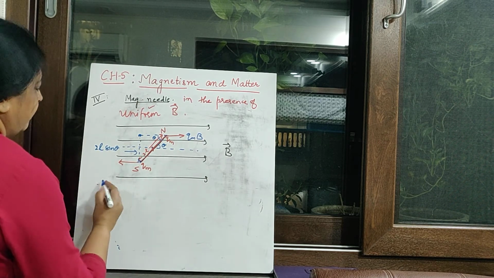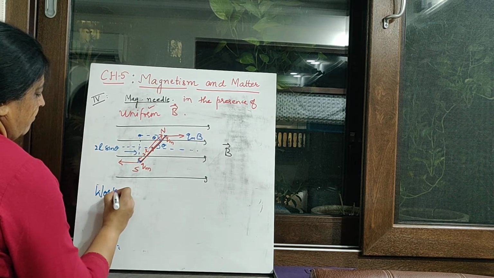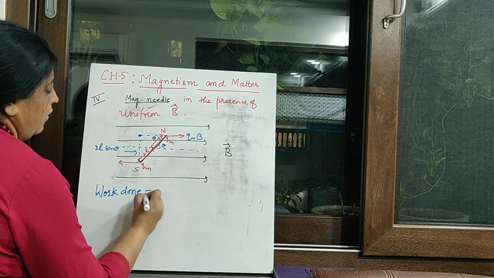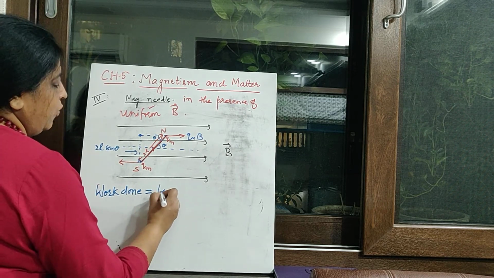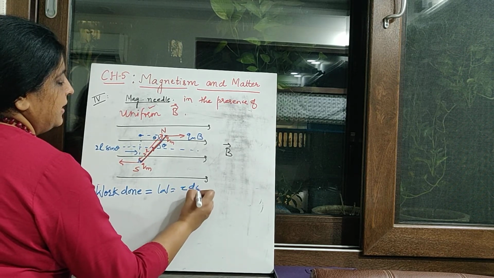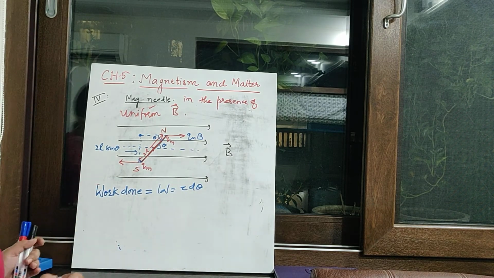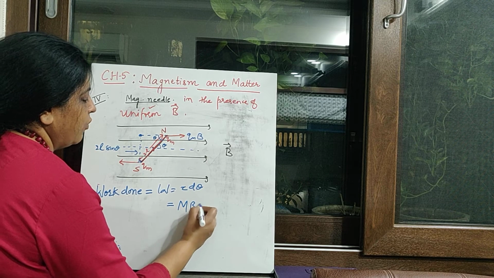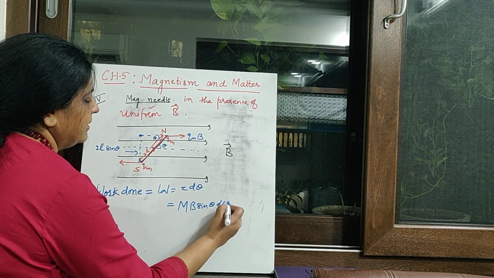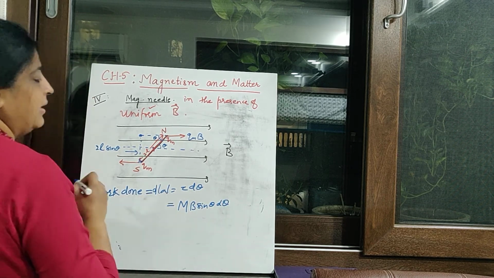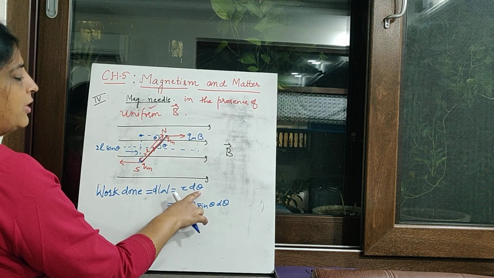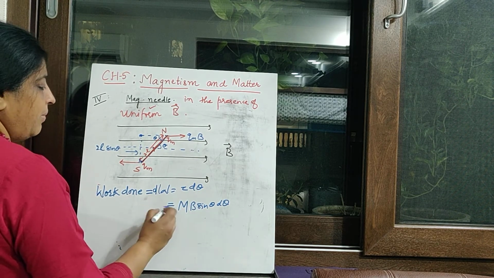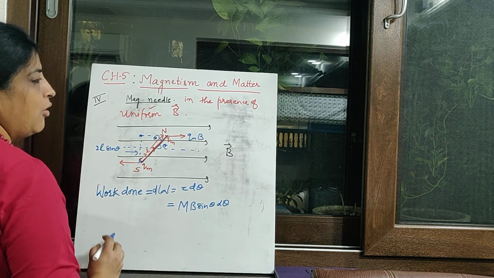Now work done is always equal to tau d theta, right? Now torque we have already found is m cross B, so you will write down mB sine theta d theta. This is a small work done because you are giving it a small rotation d theta.